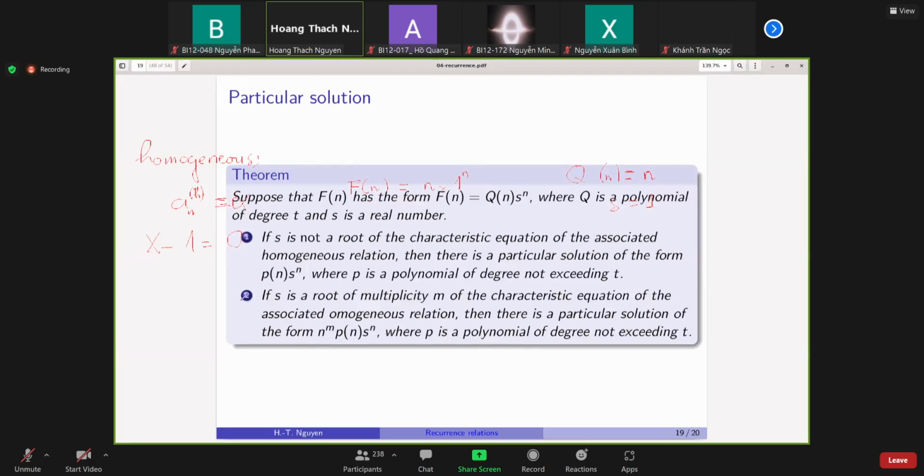So we find ourselves in the second case: s is a root of multiplicity m. It is a single root, so m is equal to 1.